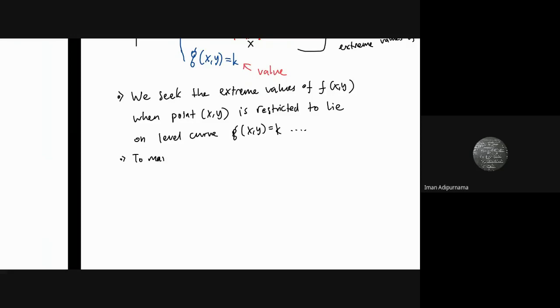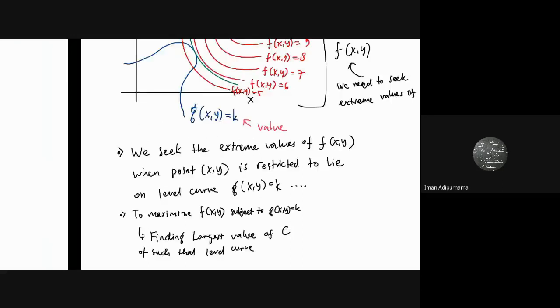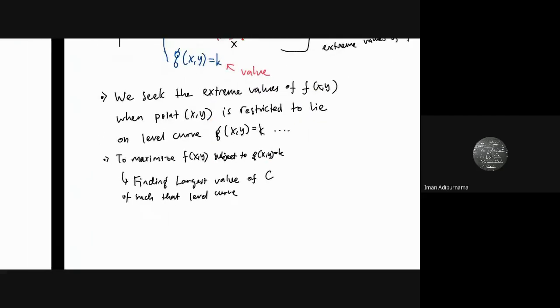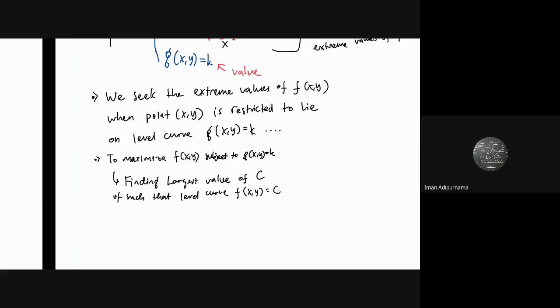So to maximize, we need to find the largest value of, let's say, a constant c such that the level curve f(x, y) equals c will intersect the function g.